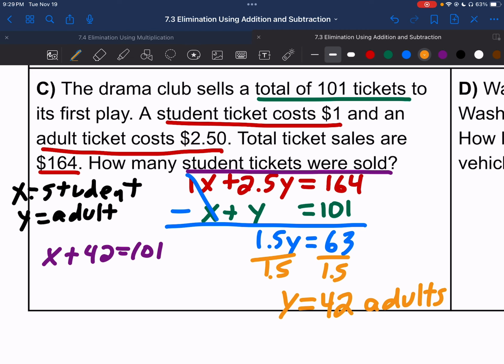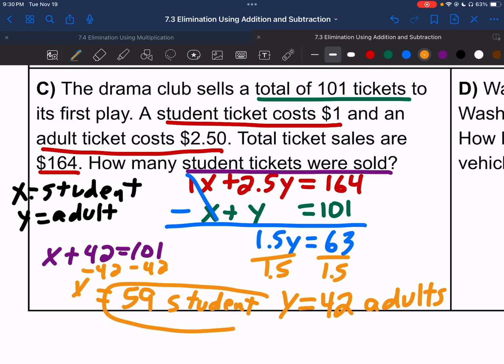And we just need to go ahead and subtract 42 from 101. And we get that x is going to be equal to 59 tickets. So that's 59 student tickets. That's the actual answer to the question that was asked. Side answer would be the 42 adults, but the actual question that the problem asked us to solve was how many student tickets were sold.